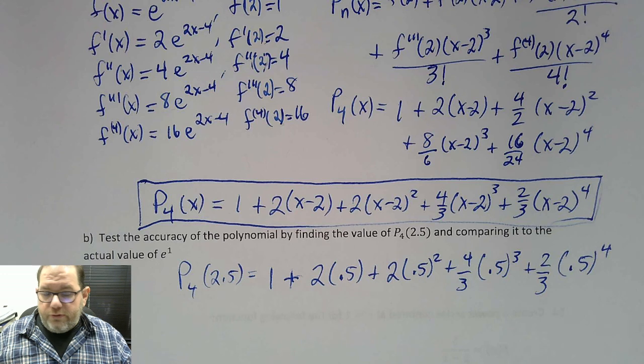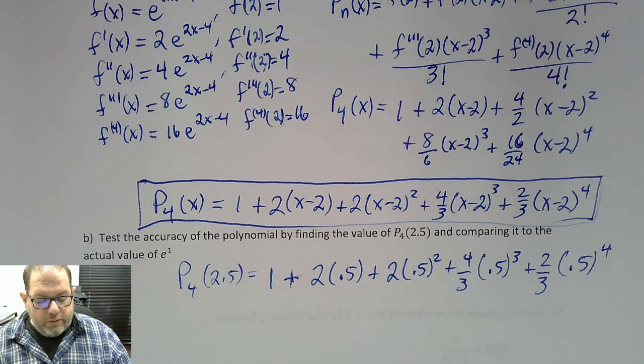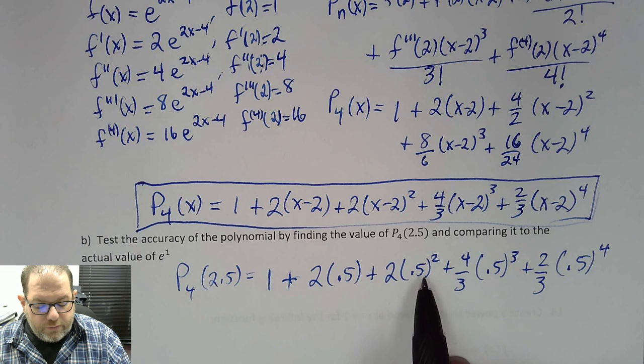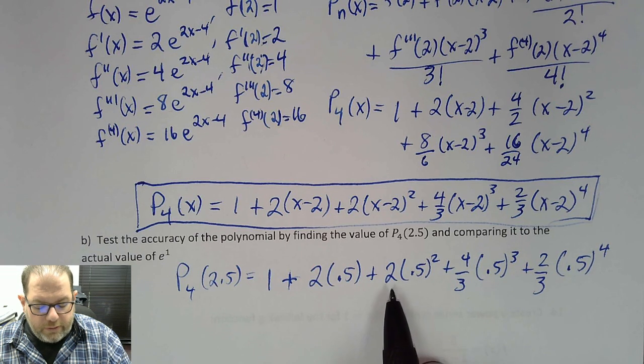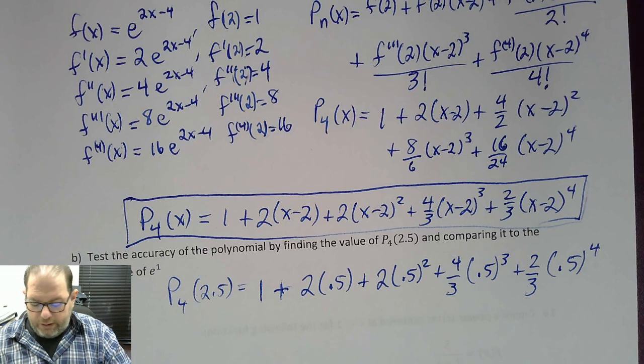And at this point, we'll just use our calculator to work this out. Some of these values are easy. Like this is a quarter, times 2 is a half, this is a 1, and this is a 1. So we have 2.5 already.